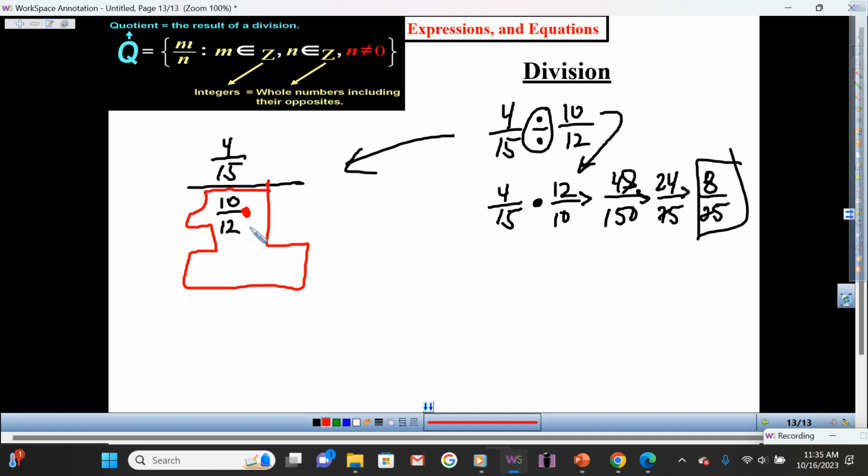By multiplying it times its reciprocal. What is its reciprocal? 12 over 10. Because what is 12 over 10 times 10 over 12? That is 120 over 120, which is what? 1. And whatever we do to the denominator, we need to do to the numerator.